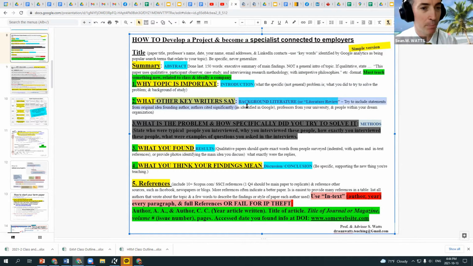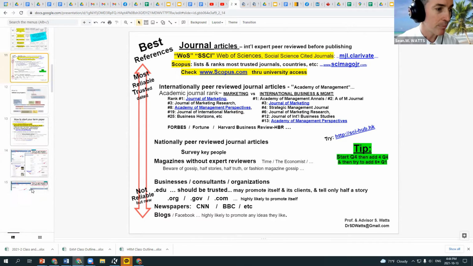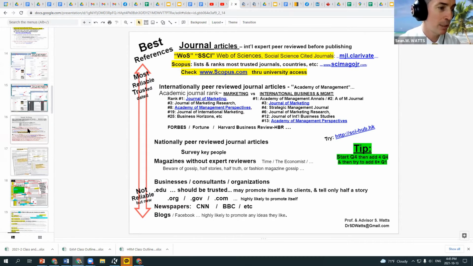And then what other people are saying, especially reliable people: reliable scientists, reliable consultants, reliable experts, and crazy people in universities, government, companies, or CNN or BBC or Facebook or blogs or any news media or social media. You can reference both. Lots of references is usually good. So that's what we should be doing.